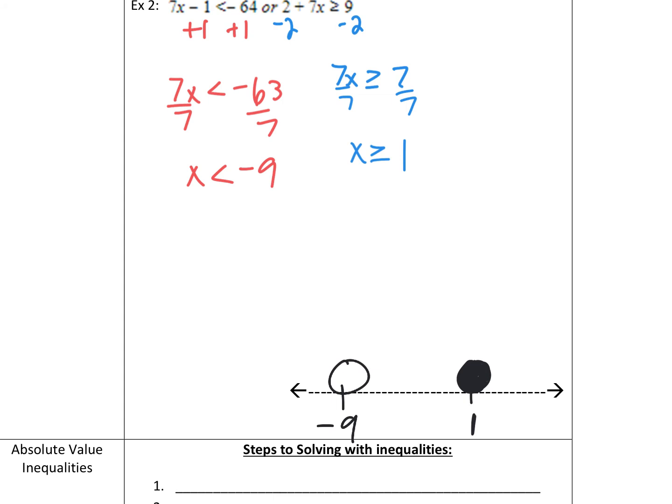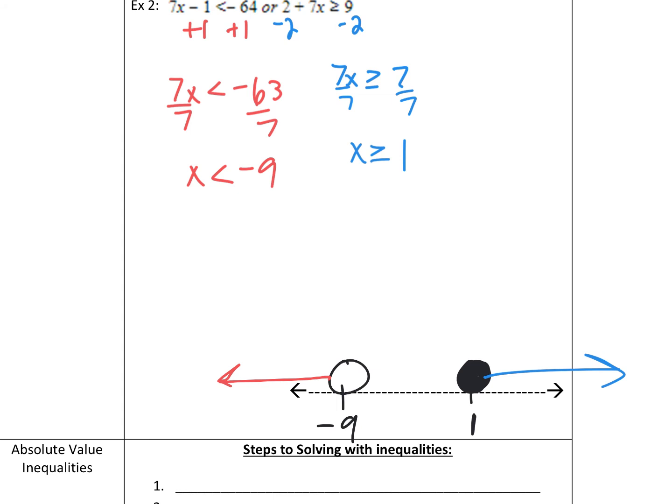If x is less than -9, it's going to go to the left. Okay, if x is greater than or equal to 1, go to the right. So typically this is what an OR function should look like, okay?